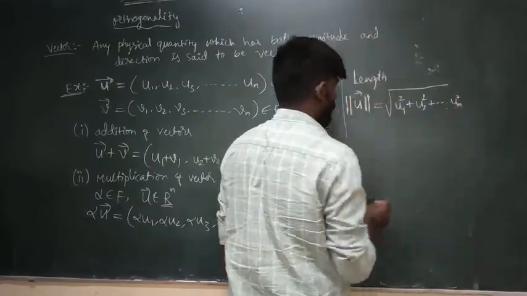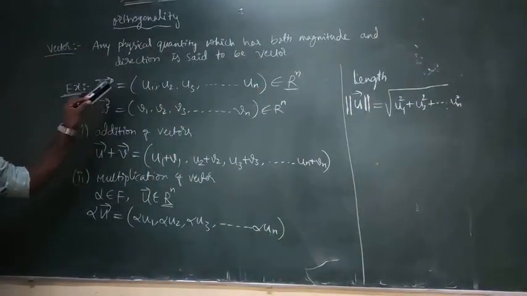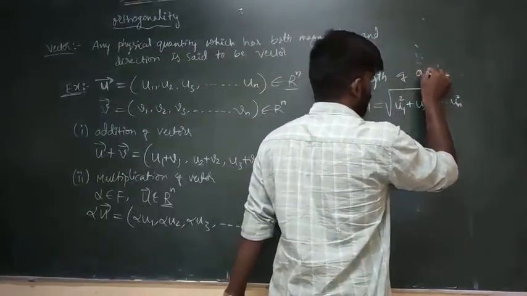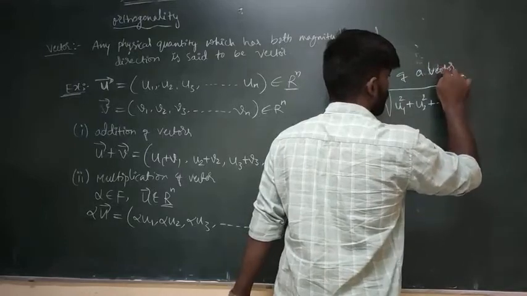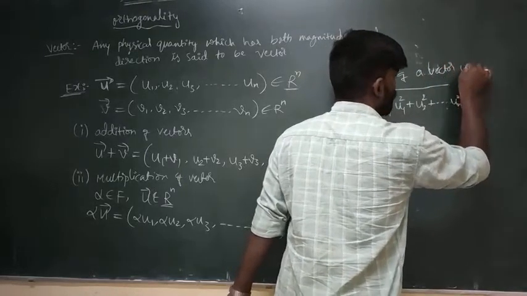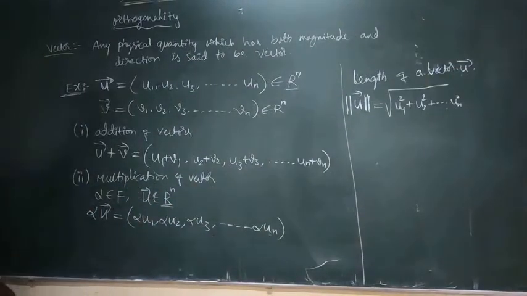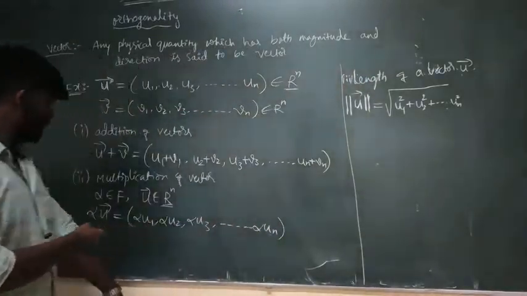Each element belongs to this vector. This is the length of vector u. This is also one property of a vector.